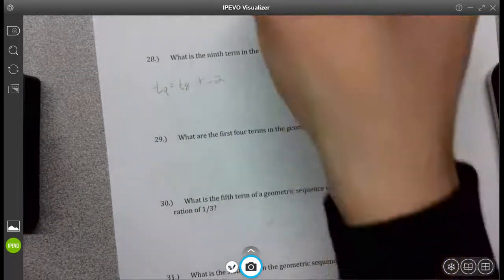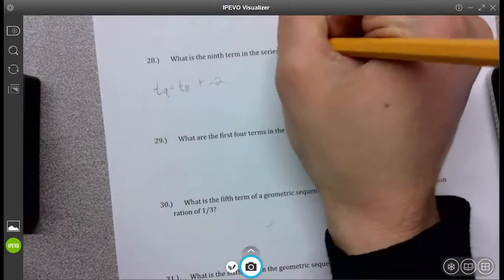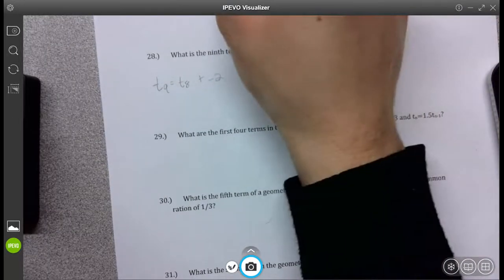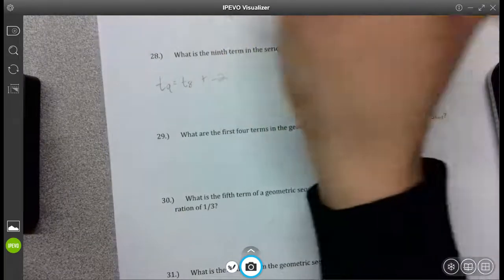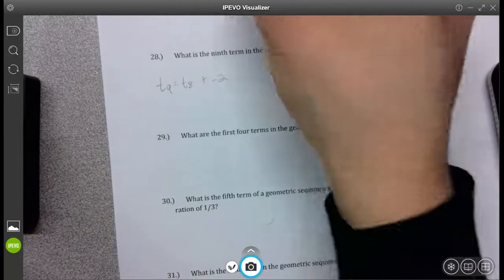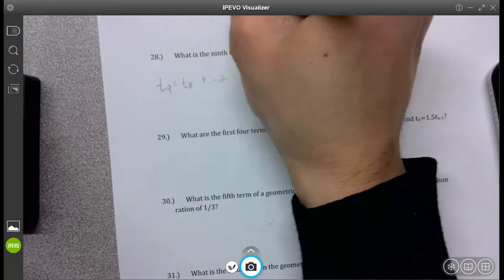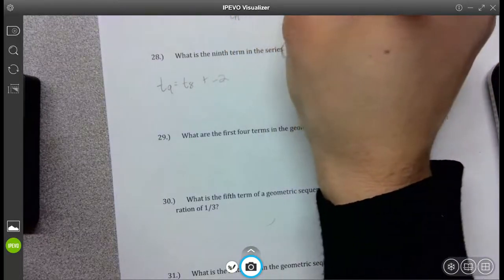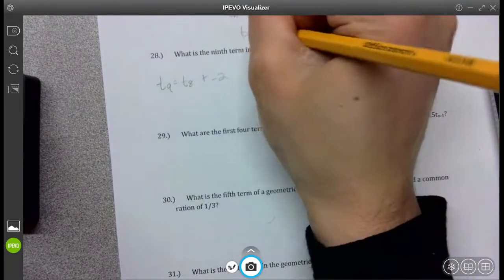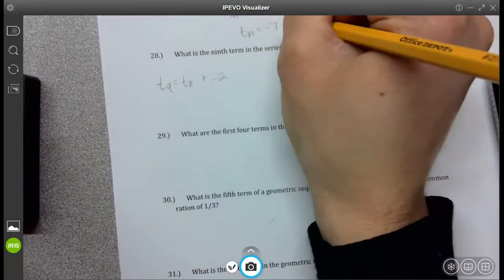Okay, so if your first term was -7, your nth term would be -7 plus -2, n minus 1 times. So this is your formula for whatever term you're trying to find.